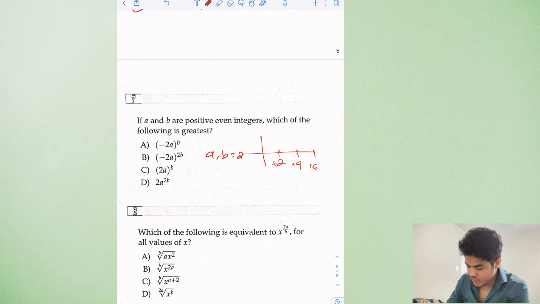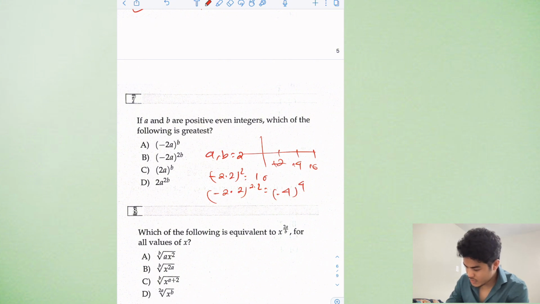So if we plug in, negative 2 raised to 2 is negative 4.